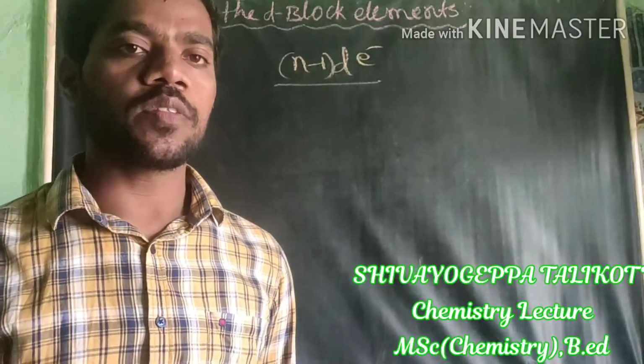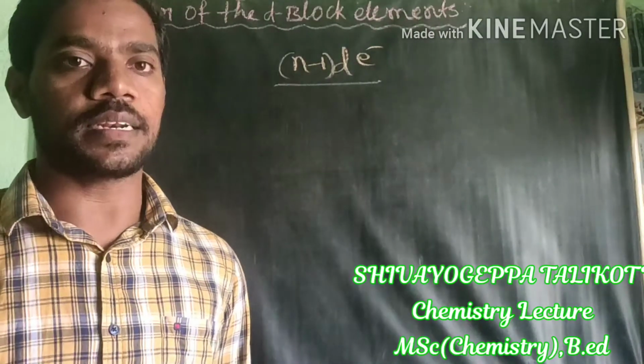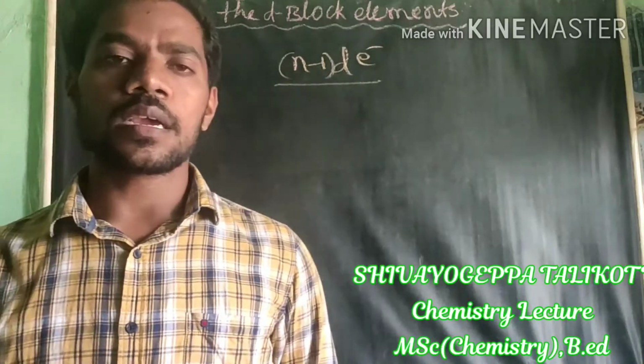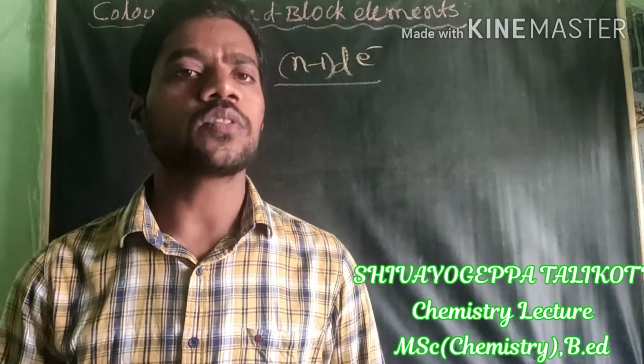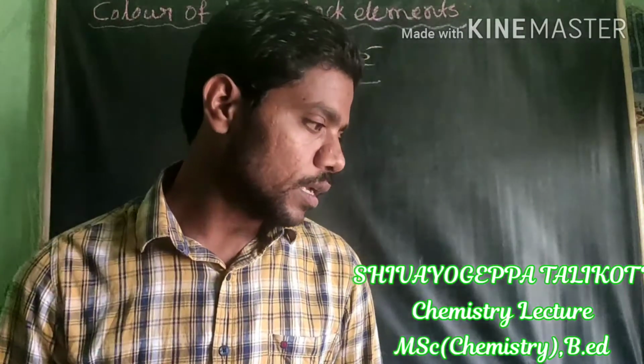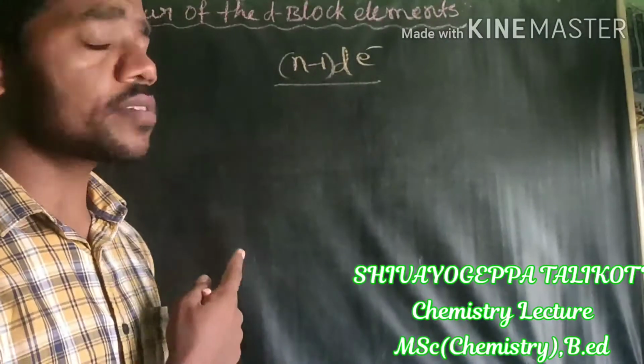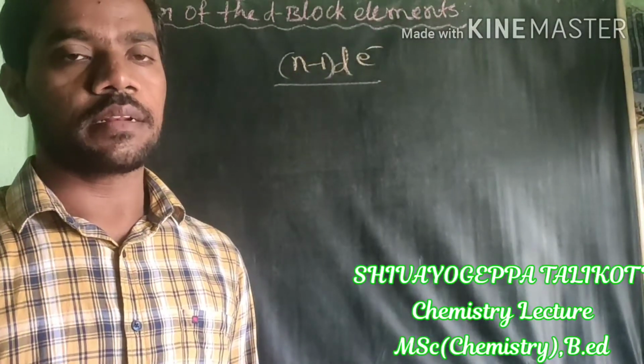The color of the compound is due to these valence electrons. Due to this valence electron, they show color to the compound. The color of d block elements is due to the n-1 d valence electrons.